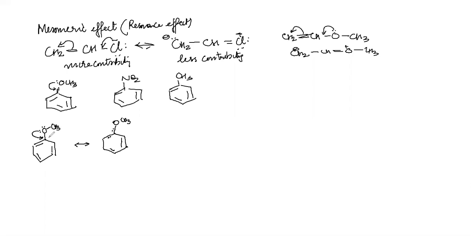Now look at this carbon. It has 2 plus 2, again 2, 2, 2, so 5 bonds will be there. That is not correct, so what we do is shift it here.